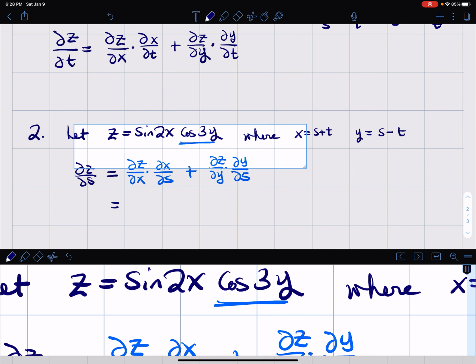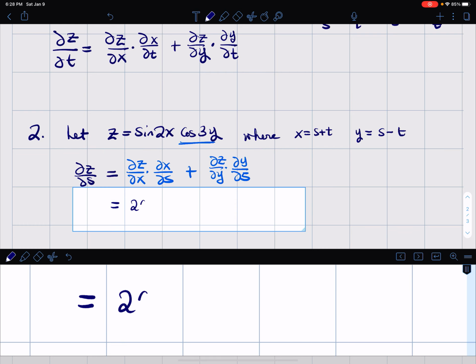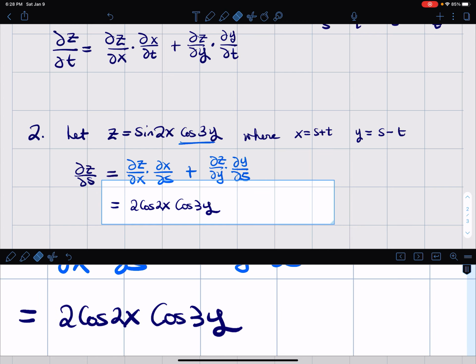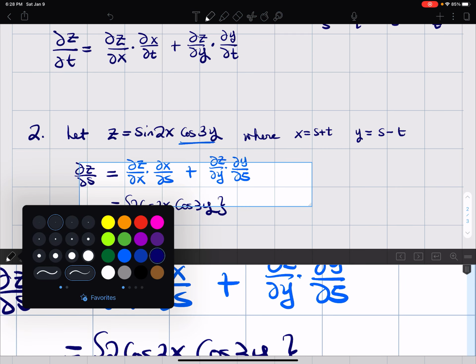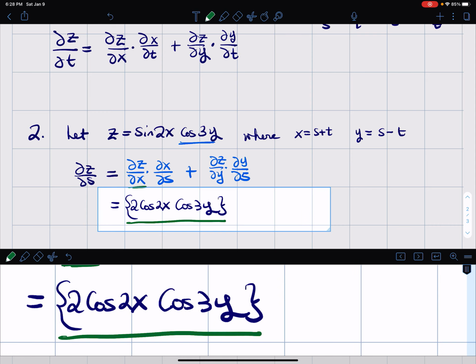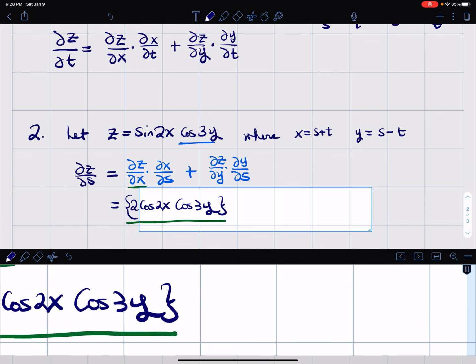Just find the derivative of sine 2x, which gives us 2 cosine 2x times cosine 3y. This is just dz dx. Then dx ds is the derivative of x with respect to s, which is just 1.